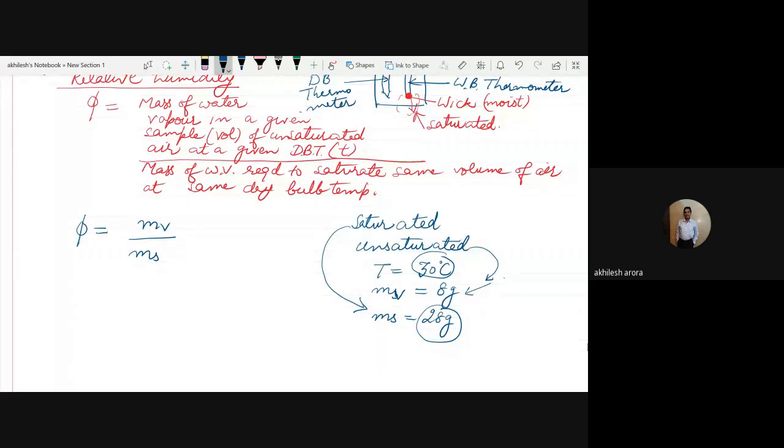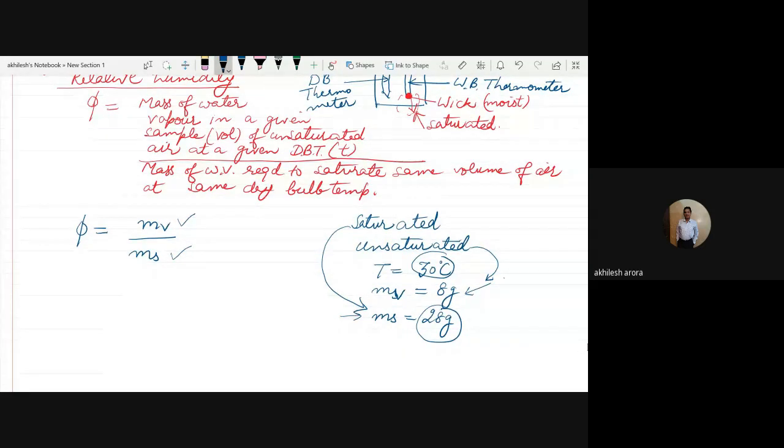What I have written here is mv is the mass of the water vapor in the unsaturated air at a given dry bulb temperature, and ms is the mass required to saturate. So basically this is ms at the temperature of 30 degrees Celsius. So you can say mv is 8 grams and ms is 28 grams. So this is phi.